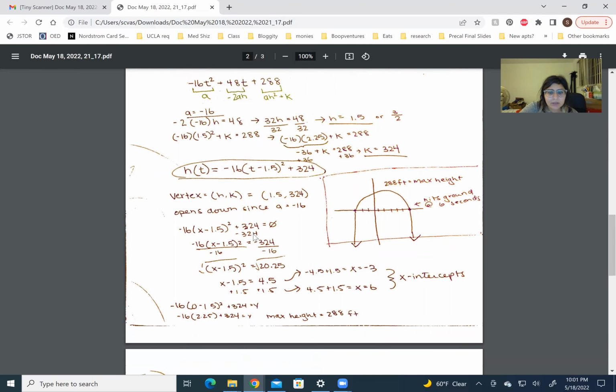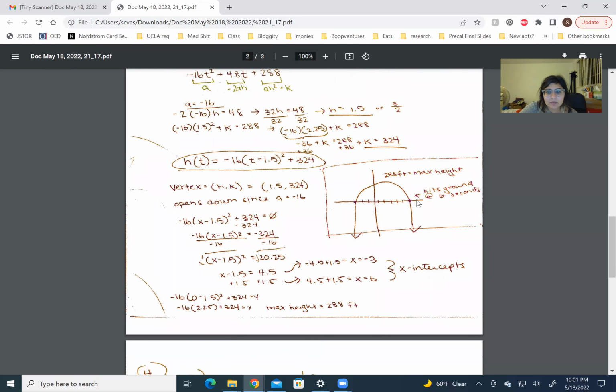And so using the x-intercept, or putting the part in the parentheses equal to 0.